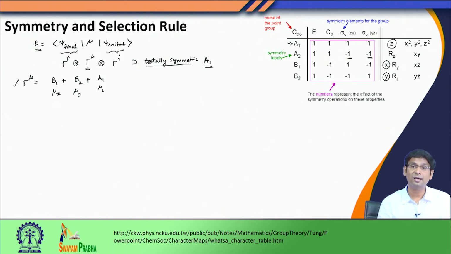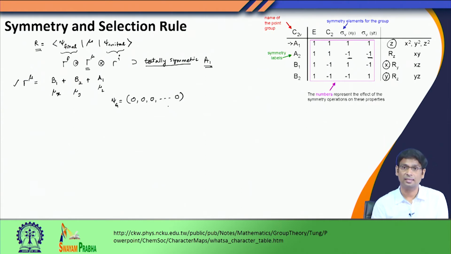Now, let us look at how we can obtain the symmetry of a particular vibrational state. Well, for a polyatomic molecule, I can define the ground state, psi ground state, where all the vibrational modes are at their lowest level. The lowest level is V equals 0.